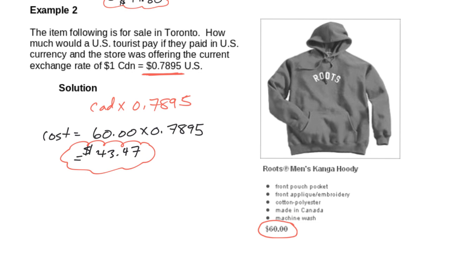So we would say, in this problem, therefore, the cost in US is $43.47. And we're done. That's it. Now, the last step that we have to do is look at how we go and convert from US to Canadian. And that's the last concept of the day before I give you your work problems.